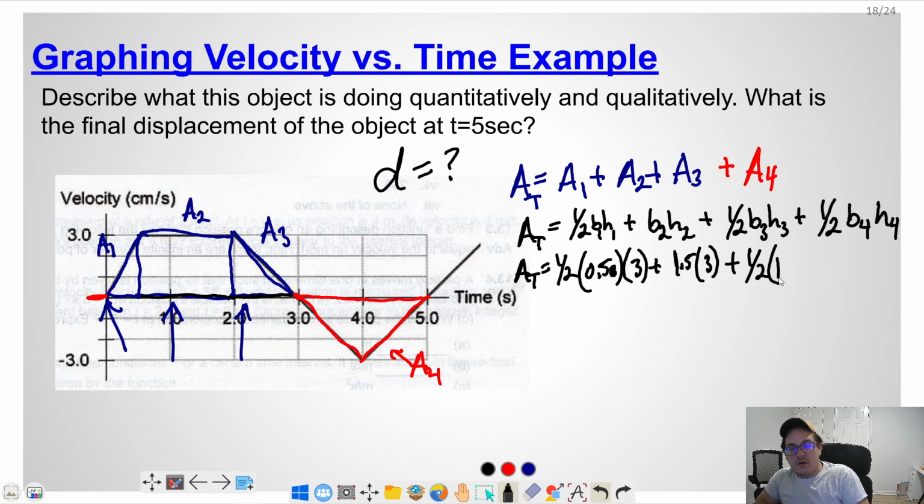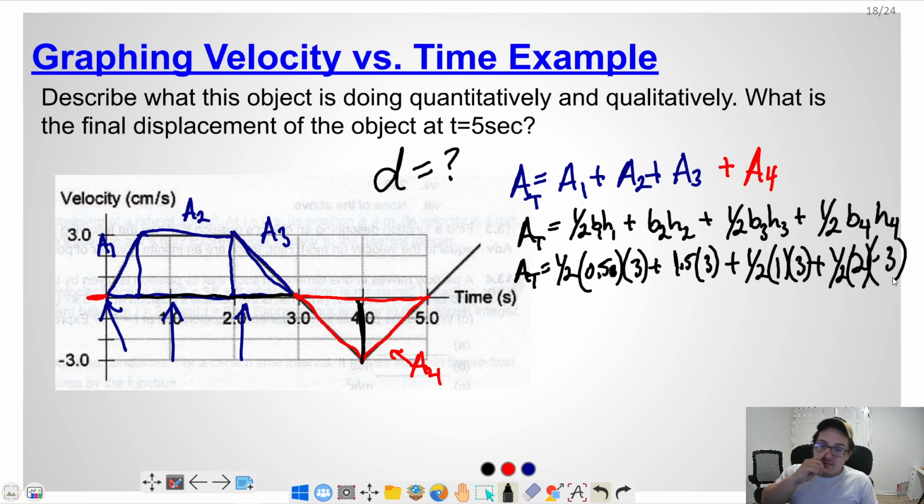So that's going to be 1 with a height of 3. And then the last one's going to be 1/2 with your base of 2 seconds, but your height of -3 since it's going downwards. Okay, that's where that negative actually comes in at. This is a big thing to figure out, that negative.